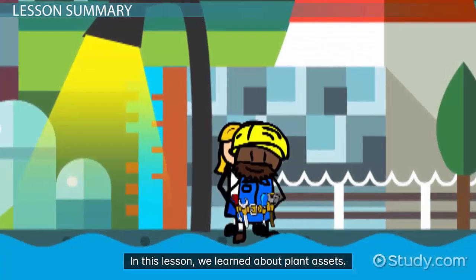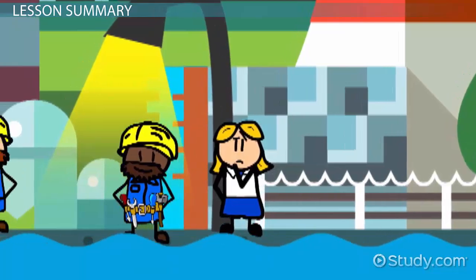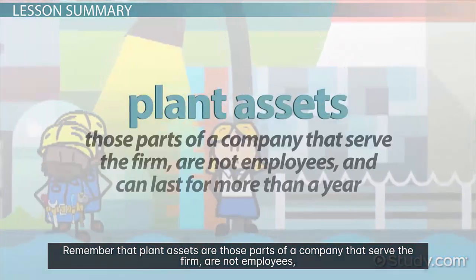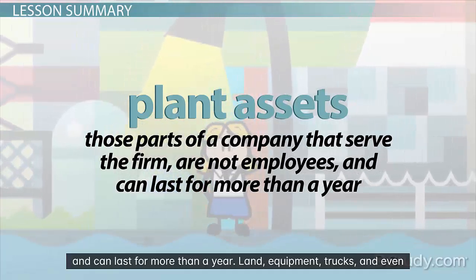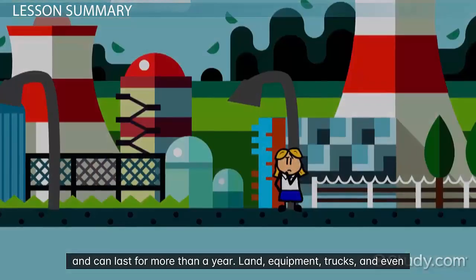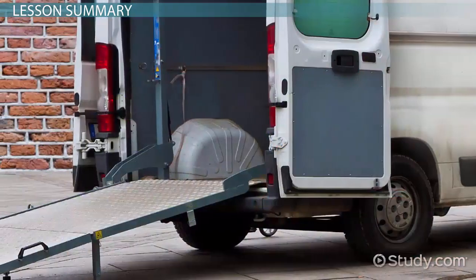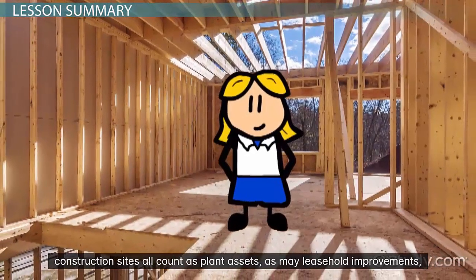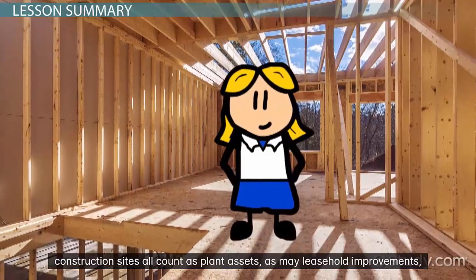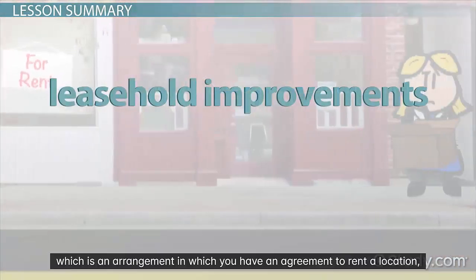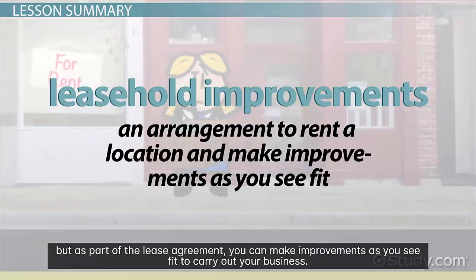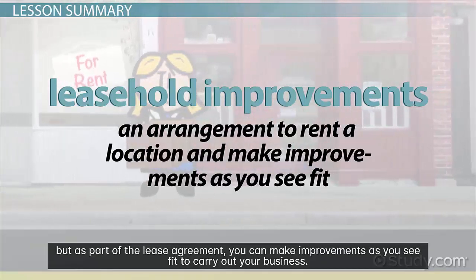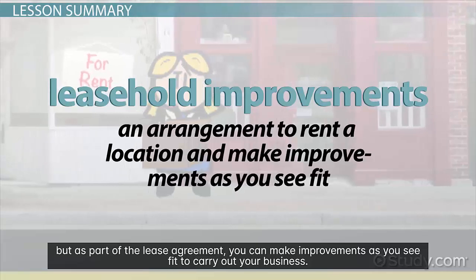In this lesson, we learned about plant assets. Remember that plant assets are those parts of a company that serve the firm, are not employees, and can last for more than a year. Land, equipment, trucks, and even construction sites all count as plant assets, as may leasehold improvements, which is an arrangement in which you have an agreement to rent a location, but as part of the lease agreement, you can make improvements as you see fit to carry out your business.